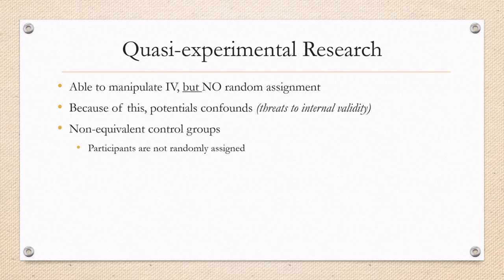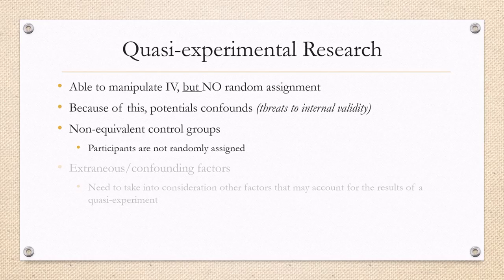We use non-equivalent control groups in quasi-experimental research. Participants are not randomly assigned at the individual level to the experimental groups. We may use participants, say at a department level, in which we can randomly assign the department, but all of the people within that department receive the same condition.